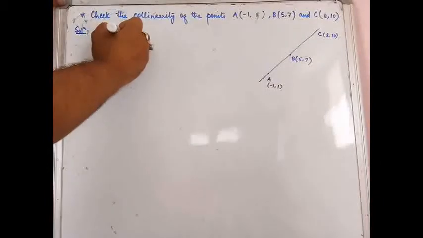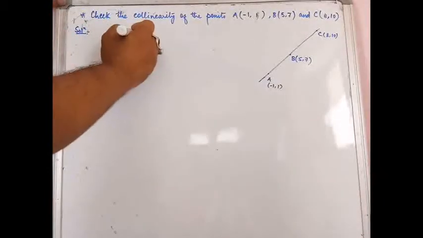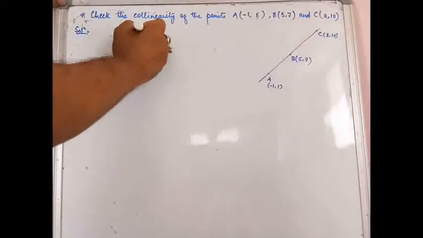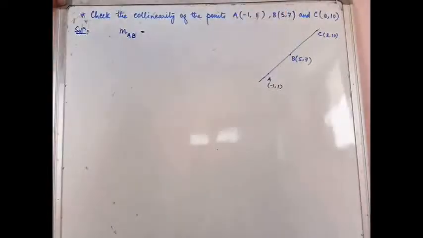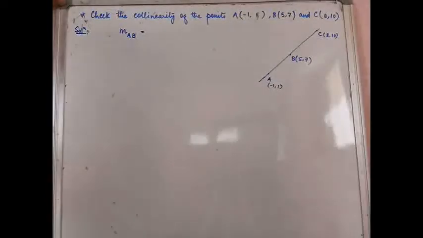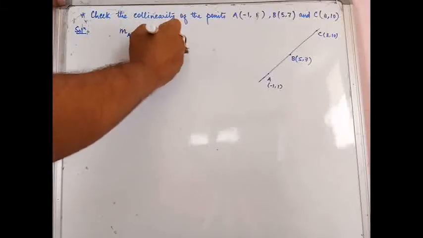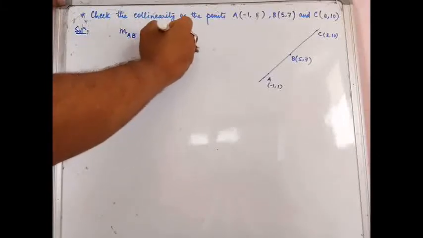Okay, so condition for collinearity is, first of all, you find out the slope. M represents the slope of AB. Okay, so if we are taking A and B as the 2 points, then what will be the slope? Please remember the formula was y2 minus y1 upon x2 minus x1.